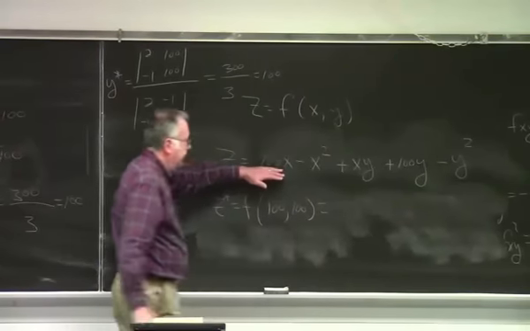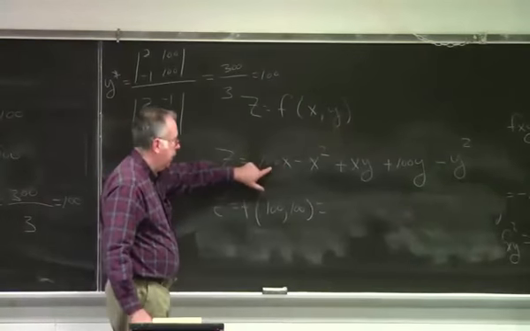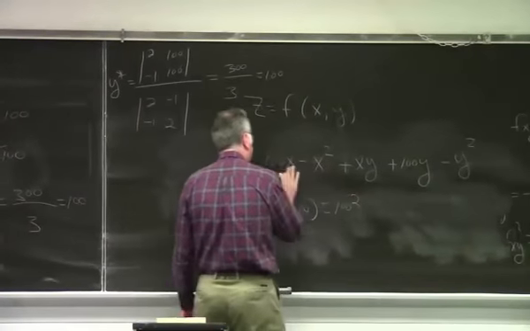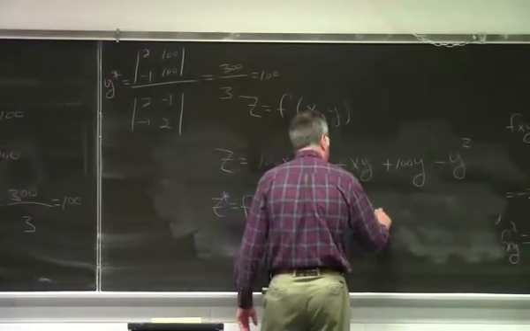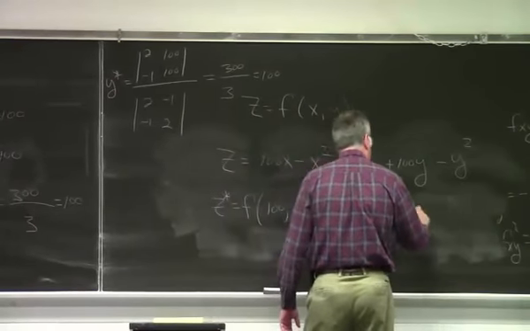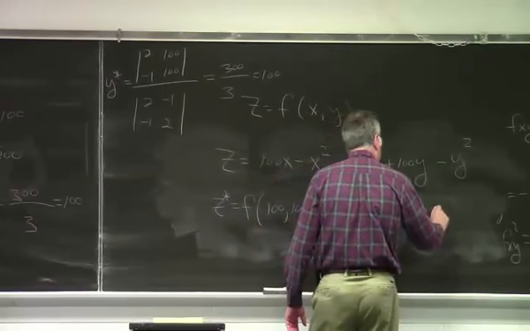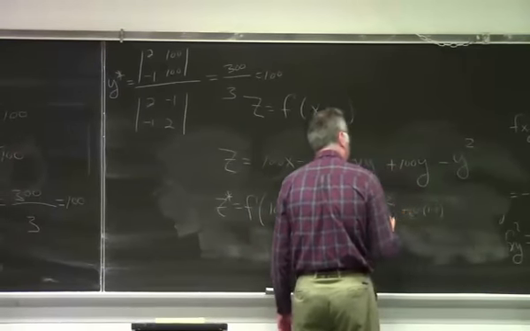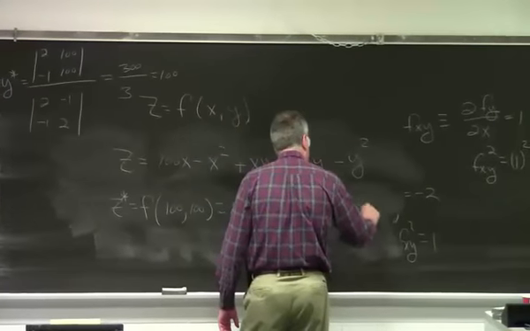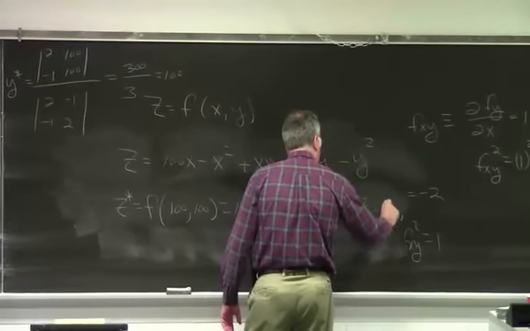Just plugging into this, you get 100 squared, 100 times 100, minus 100 squared, plus 100 times 100, another 100 squared, plus 100 squared, minus 100 squared.